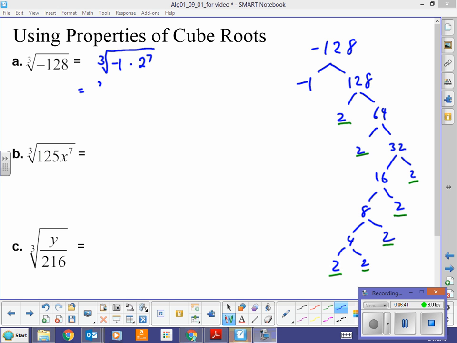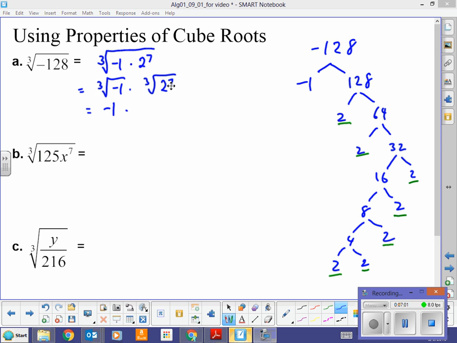So I can think of this as the cube root of negative 1 times the cube root of 2 to the 7th. Okay, so the cube root of negative 1 is going to be negative 1, because negative 1 times negative 1 is positive 1, times negative 1 again gets me negative 1. So this is just negative 1.